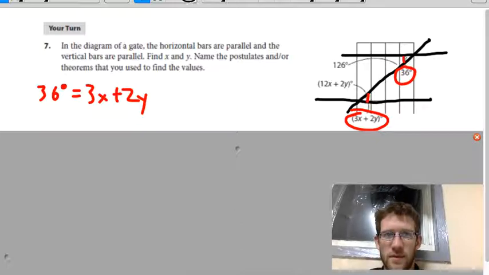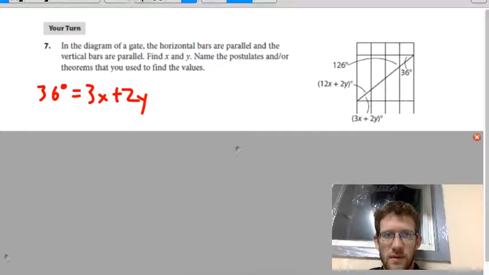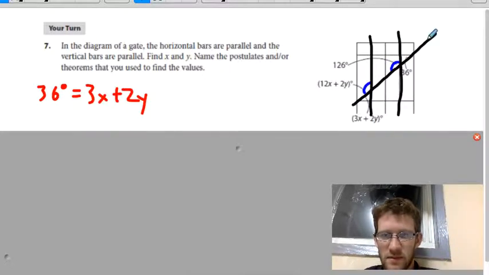Let me erase this for a sec. Let's look at our other angles. We were supposed to look at this angle here and this angle here. For that one, I'm going to look at this line and this line being cut by this transversal.